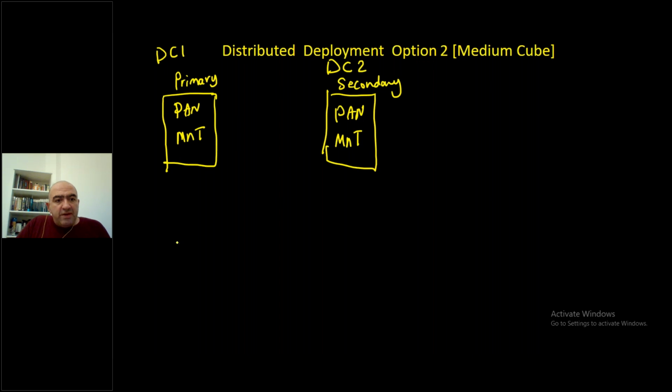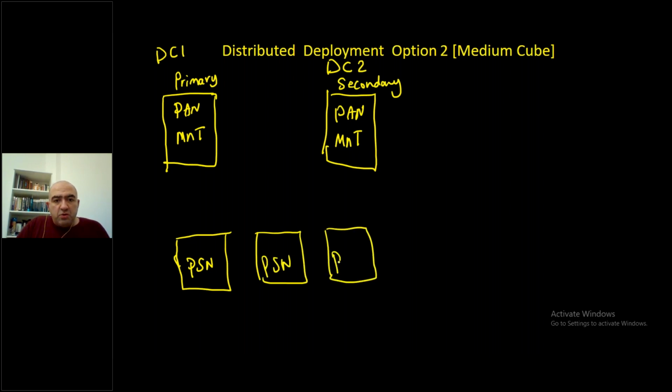And I can have here one ISE node acting as a PSN, another one acting as a PSN, a third one here also as a PSN. I can have a fourth and a fifth one, but this is the maximum. With this option, option 2, I can have up to 5 PSNs.